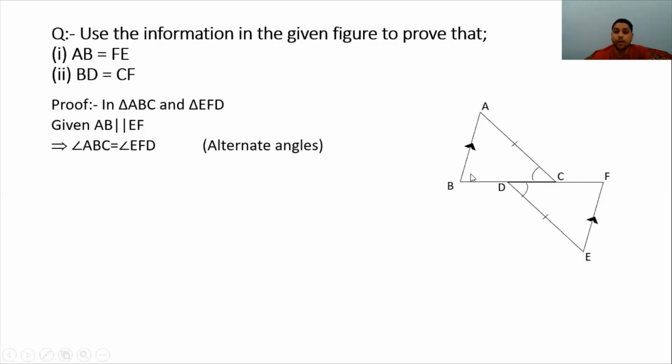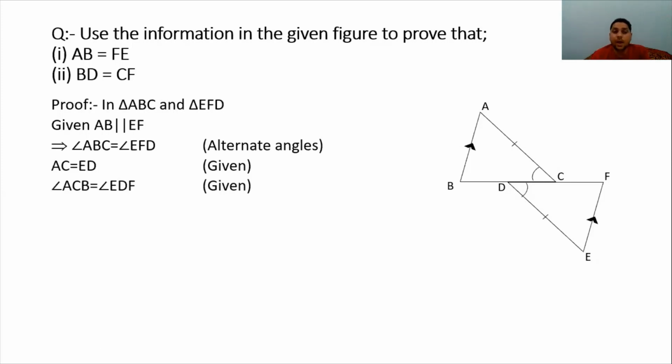So we have two angles here, angle ABC in triangle ABC and angle EFD in triangle EFD. These two angles are equal because they are alternate angles to each other. Next, we have AC is equal to DE, which is given in your figure.